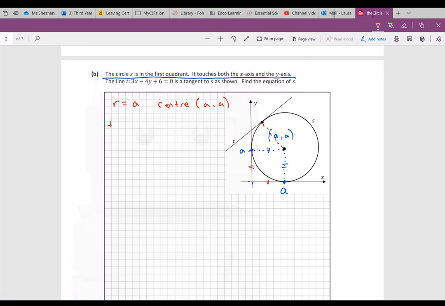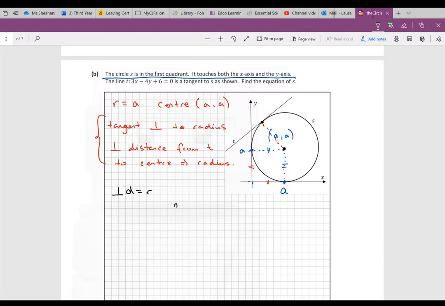Then we always know that a tangent is perpendicular to the radius, and the perpendicular distance from T to the center is equal to the radius. These are things that we know about circles and have to keep in mind when doing circle questions. So the radius is equal to the perpendicular distance.